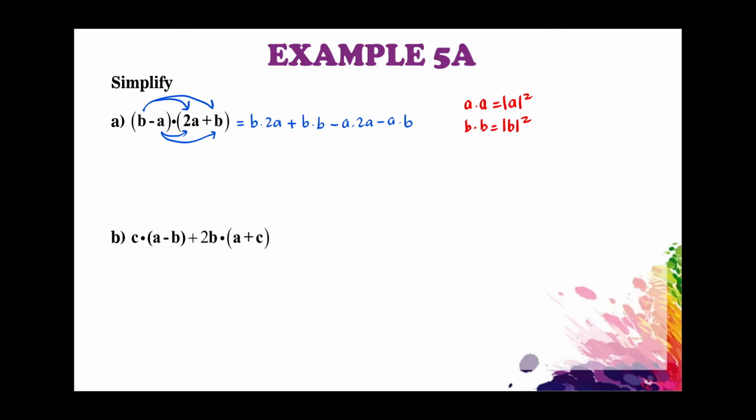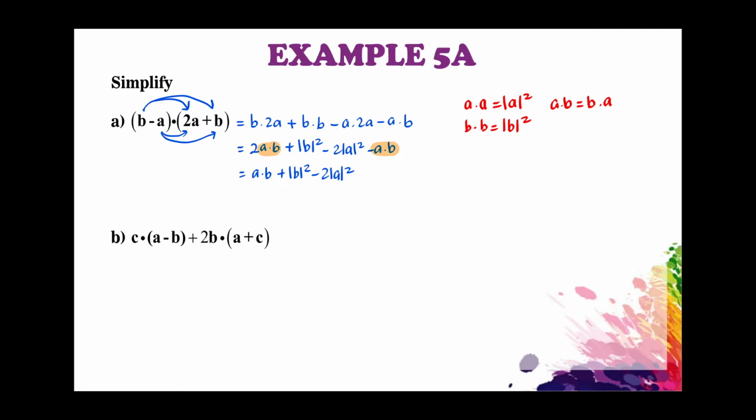And then for the commutative property, where we have A dot B equal to B dot A. So you can simplify, which is we're going to have 2 A dot B plus magnitude of B squared minus 2 magnitude A squared minus A dot B. Now, as you can see, we have the same item here, so we can combine. We're going to have a single A dot B plus magnitude B squared minus 2 magnitude A squared. So we have done part A.